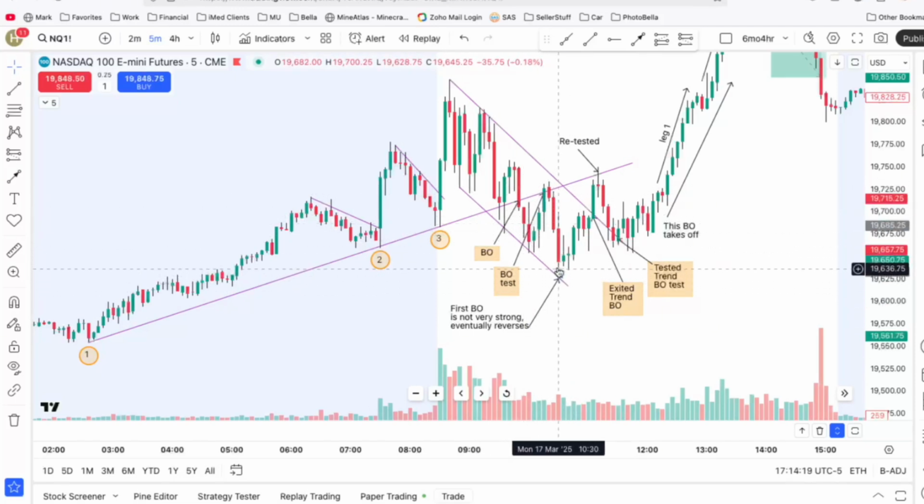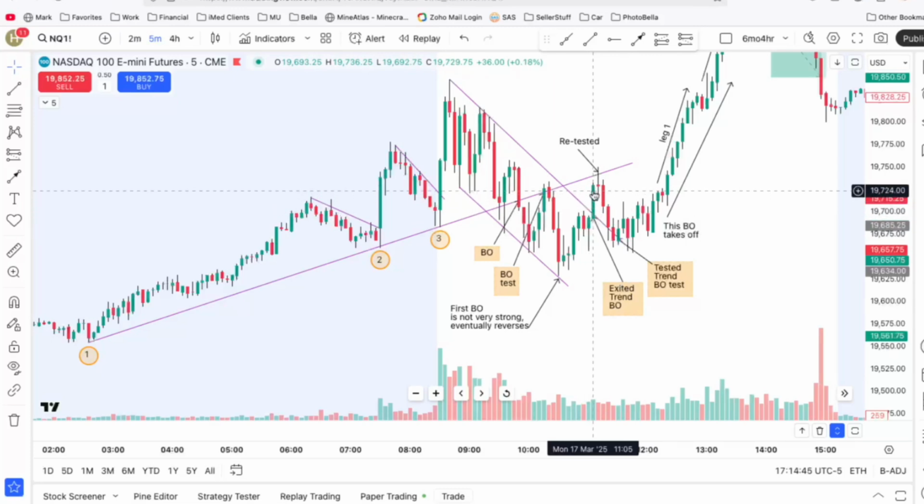And at this point, we reverse up, and look at this. As we're going up, we break out of this smaller trend that we're in, this trend channel right here. We break out of this top trend channel line. And so this would be the bar that breaks out of it, because it's exiting this trend.